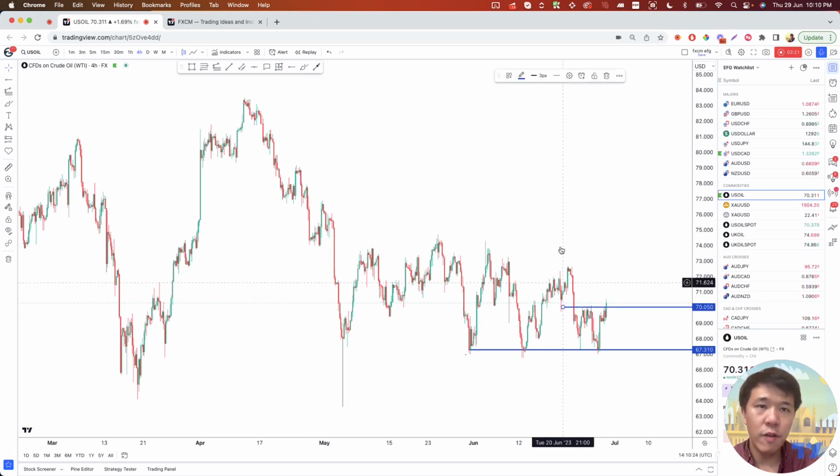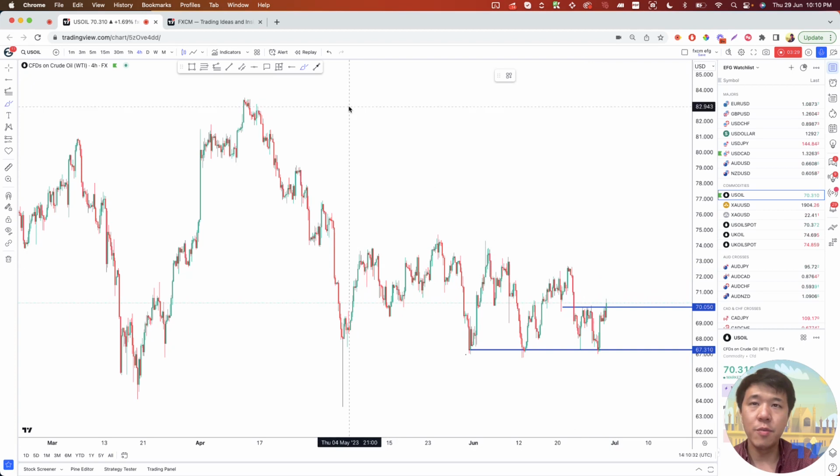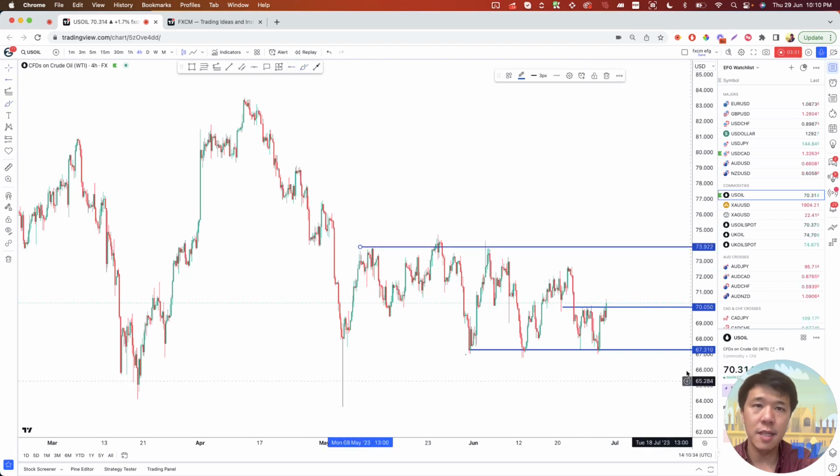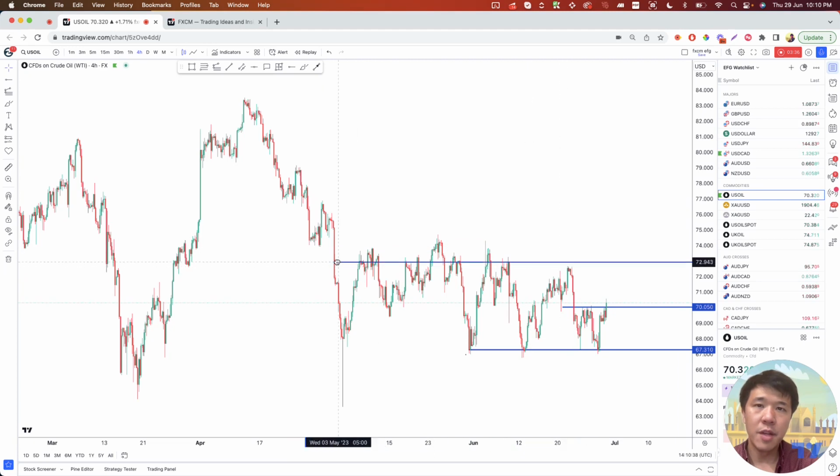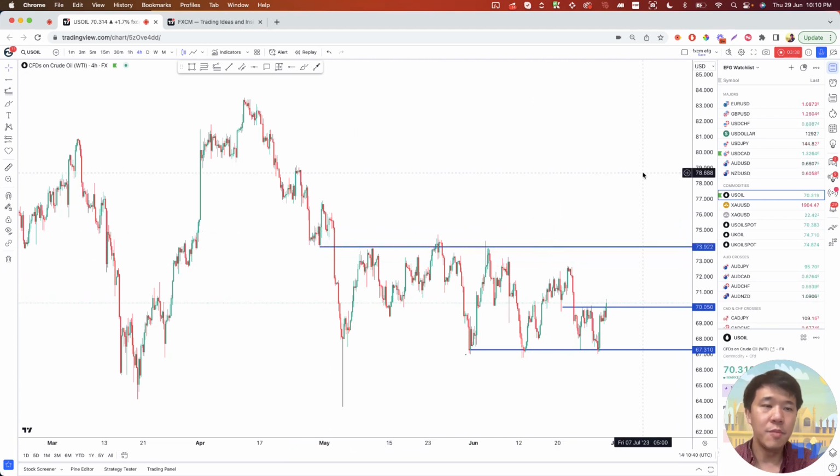Because this is a nice overlap resistance level, and we usually play from one support to one resistance. We could technically place the take profit here, all the way here, or maybe even here. But the further you put away price, the more it gets out of your locus of control. A lot of things can happen from here to here.